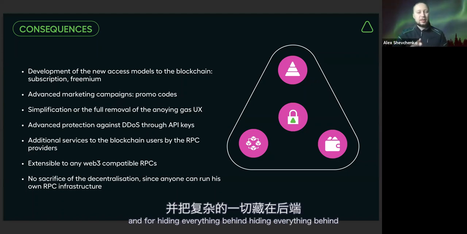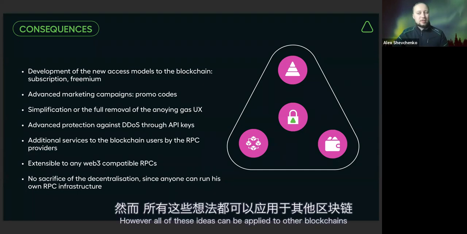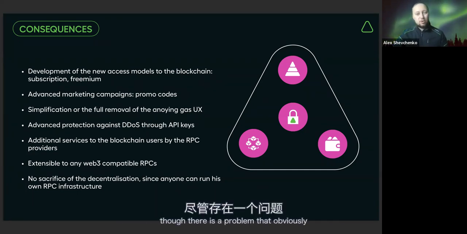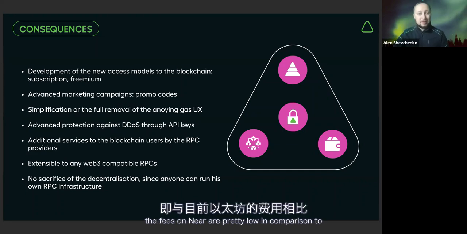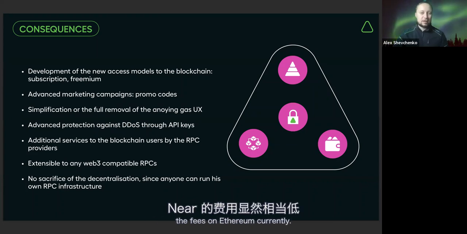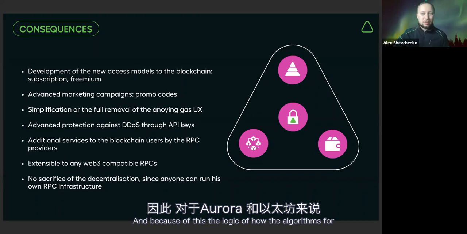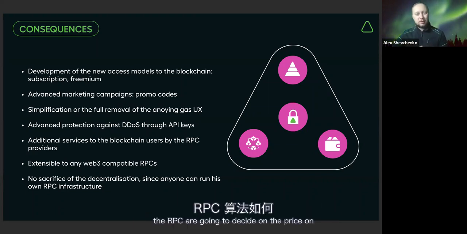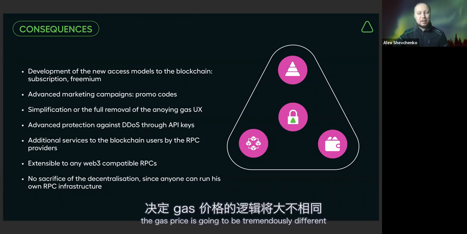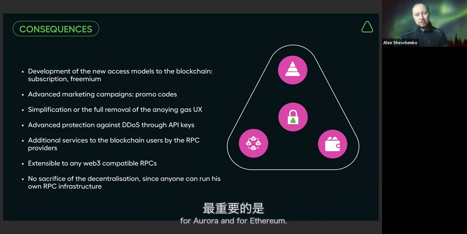However, all of these ideas can be applied to other blockchains, though there is a problem that obviously the fees on Near are pretty low in comparison to the fees on Ethereum currently. And because of this, the logic of how the algorithms for the RPC are going to decide on the gas price is going to be tremendously different for Aurora and for Ethereum.